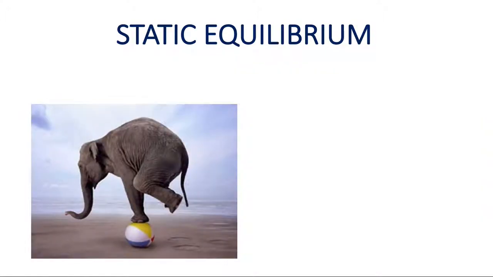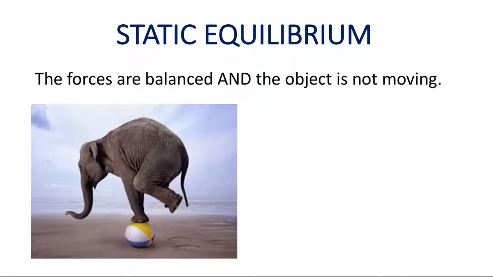There are 2 kinds of equilibrium. The first is called static equilibrium. It means the forces are balanced and the object is not moving. The word static means to stay the same. And so in this case, the object's position is staying the same.